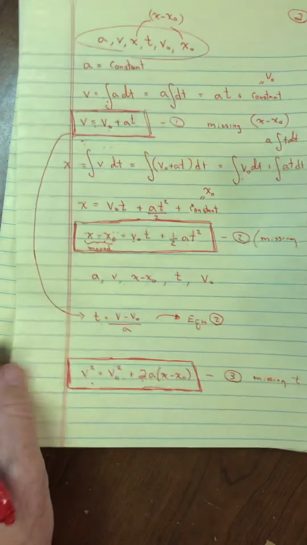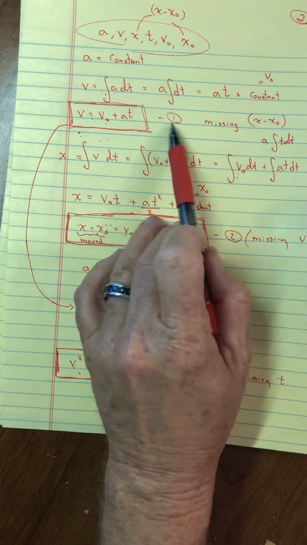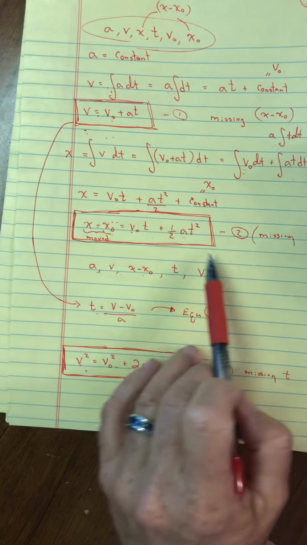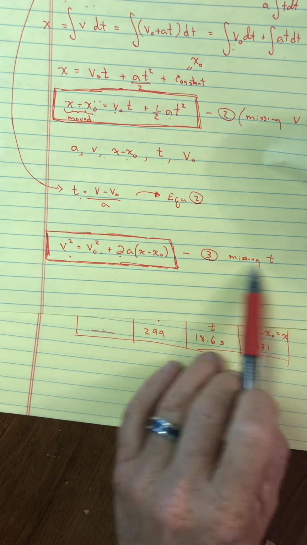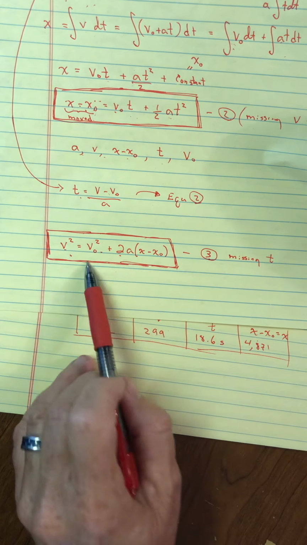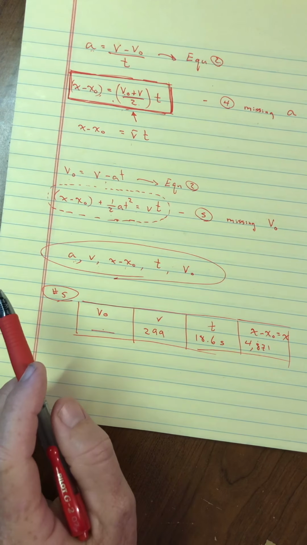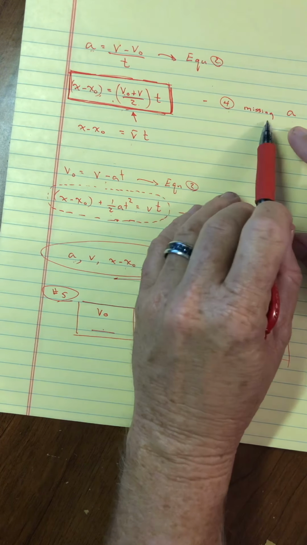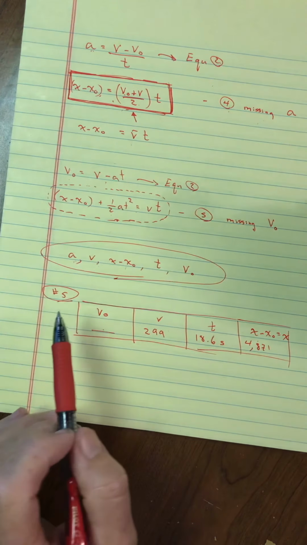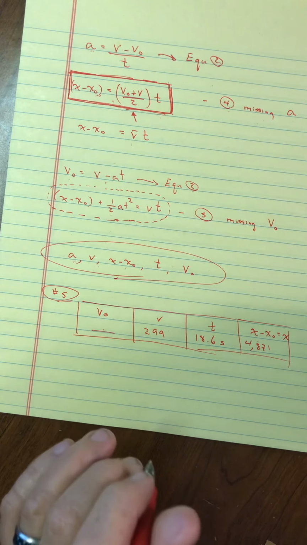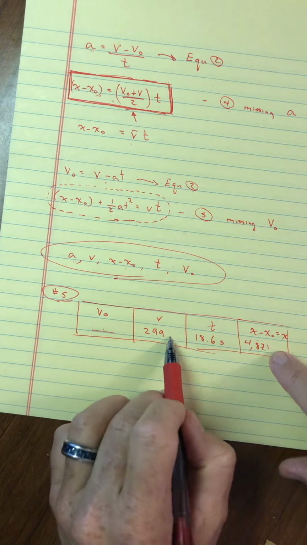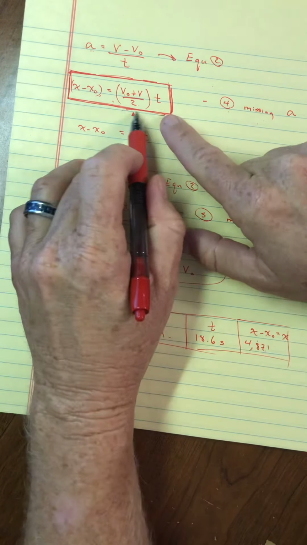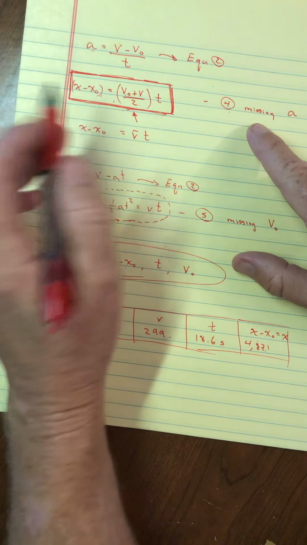Well, position is missing from number 1, so not that one. Final velocity is missing from number 2, not that one. Time is missing from equation number 3, so not that one. Number 4 is missing A. See, focus your attention on which one is missing. They will give you the other 3, and you can find the 4th. And that shows up perfectly here in equation number 4.